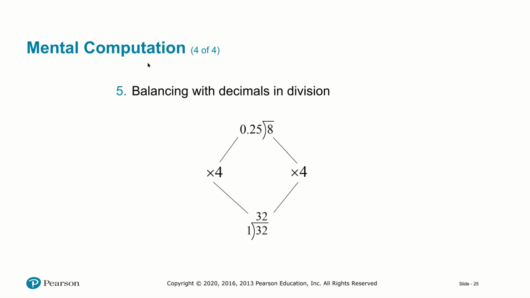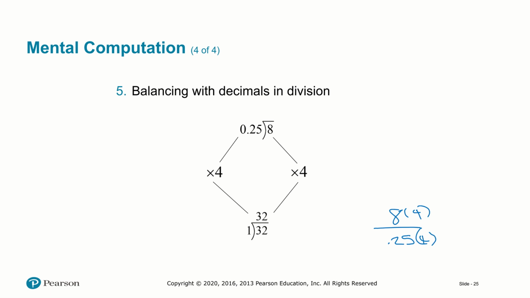Here's another technique which we call balancing with decimals. Notice that if you multiply the 0.25 by 4, we know we get the nice whole number 1, right? So as long as we take both of them and multiply them by the same number, it's exactly like saying taking a fraction and multiplying the numerator and denominator by the same thing.